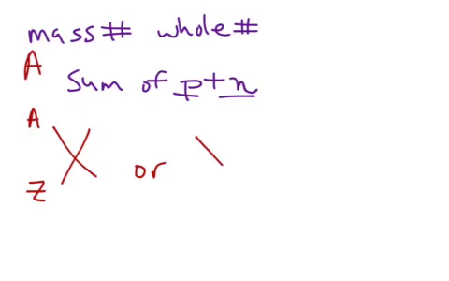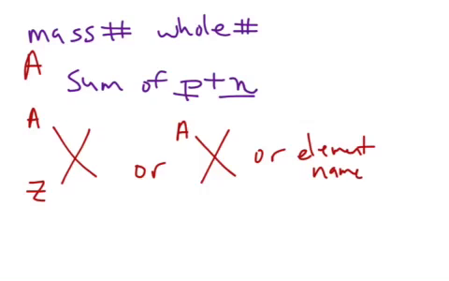Another way to do this is just have the element symbol and put the mass number in the upper left hand corner without putting anything in the bottom left hand corner. And the third way to do it is write the element's name and then write a dash and then whatever the mass number is.